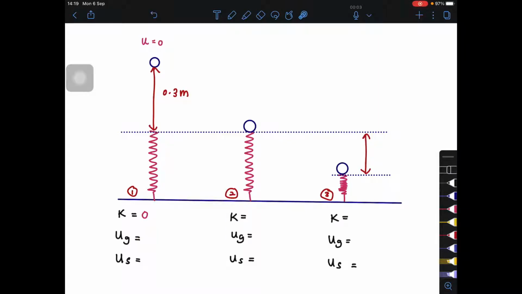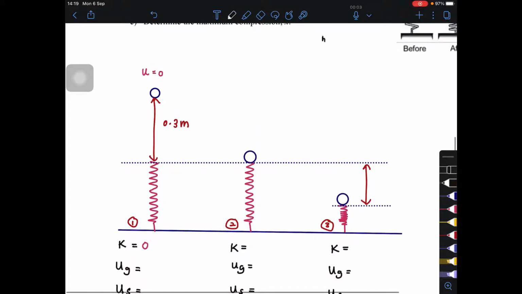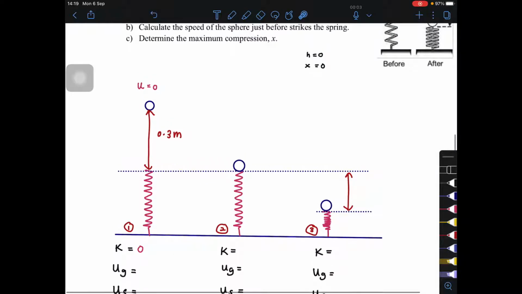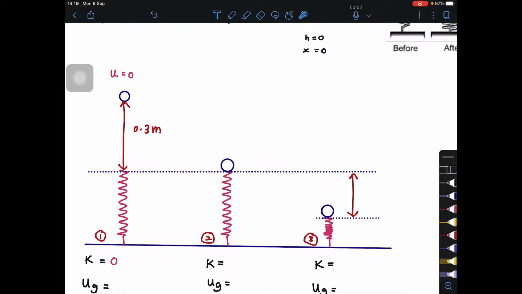We need to define where is the location where we have h equal to 0 and also x equal to 0. So x ni apabila kita ada spring lah. So obviously we have spring, we need to select the location as well. Okay, yang paling senang untuk h sama dengan kosong, misalkan select this position here.